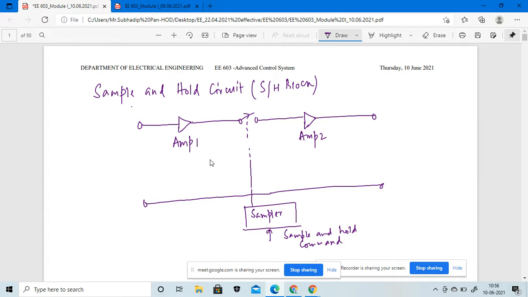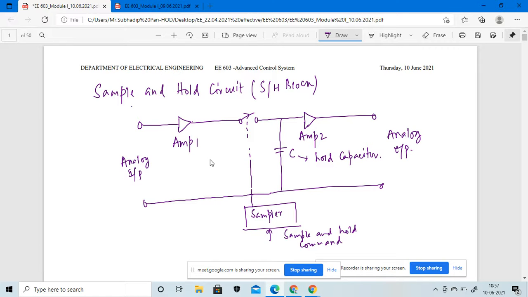And we are connecting a hold capacitor. This one is your hold capacitor, this portion will be your analog input, and this portion will be your analog output.